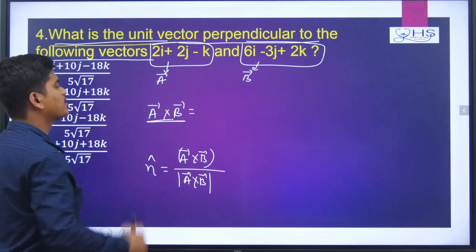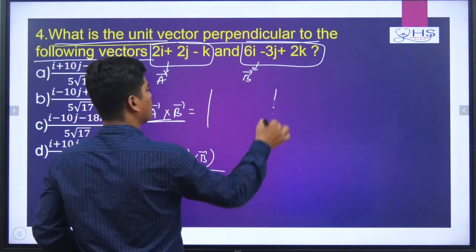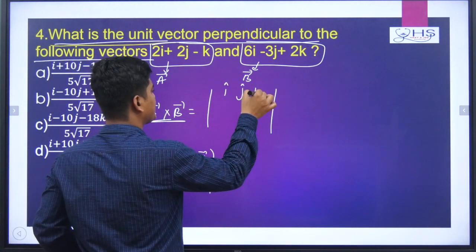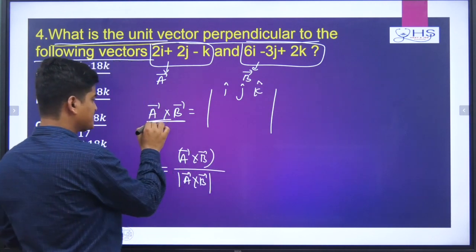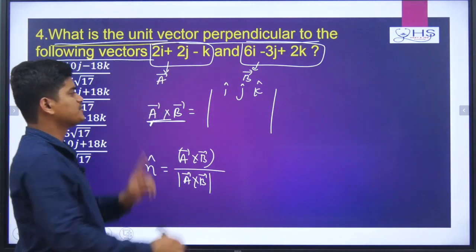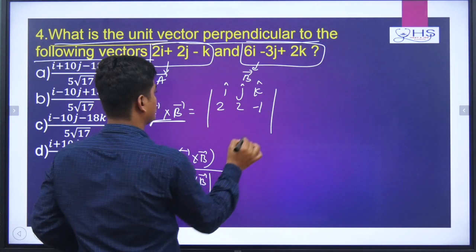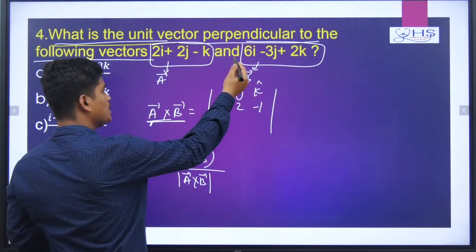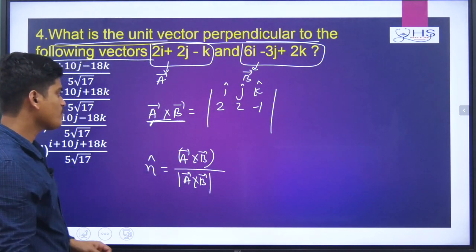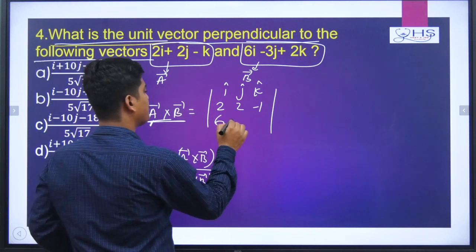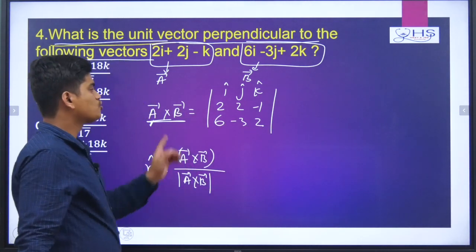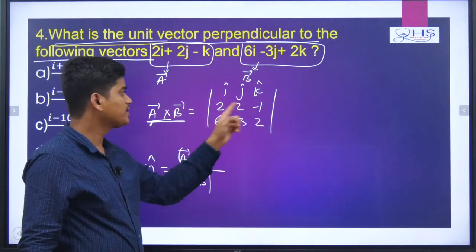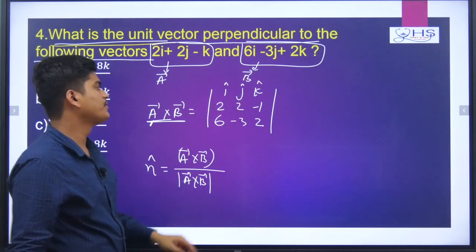We need to find a cross b. So how to find a cross b? We have to find it in determinant format with i, j, k. First is the a vector with coefficients 2, 2, minus 1. Then after that 6, minus 3, 2, the i, j, k coefficients of the b vector.